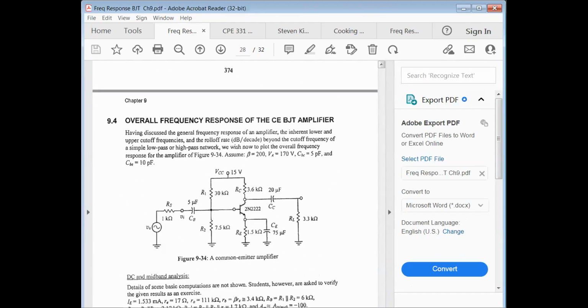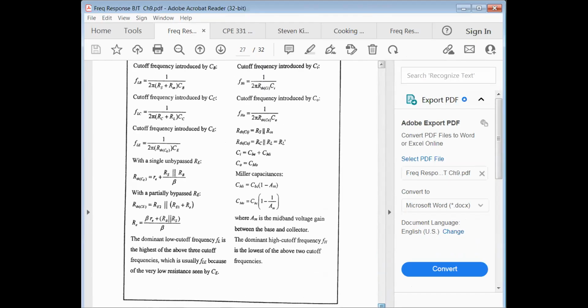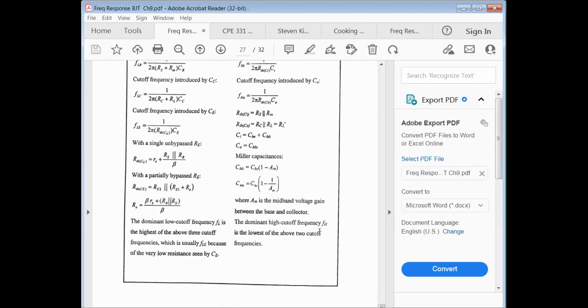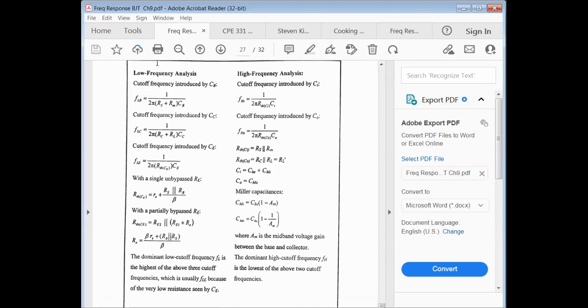So on page 374 of your handout, for your low frequency analysis, here are all the equations that we're looking at in the book. So the frequency due to your C sub B capacitor, this is its pole location. The cutoff frequency due to your C sub C coupling capacitor is given by this equation. Cutoff frequency given by your C sub E, which happens to, in all these cases, be your dominant pole, is given by this equation.